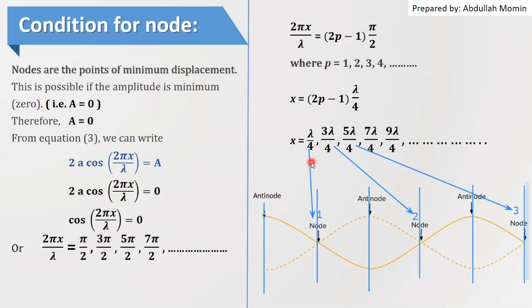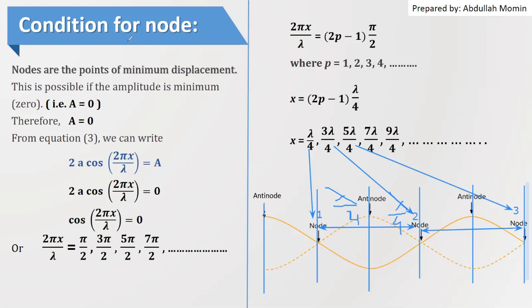So what is the distance between the two successive nodes? Means we are going to find out the distance between the first and second node, or the distance between the second and third node. So this section is lambda by 4, and this section is also lambda by 4. So lambda by 4 plus lambda by 4 is 2 lambda by 4, which can be written as lambda by 2.